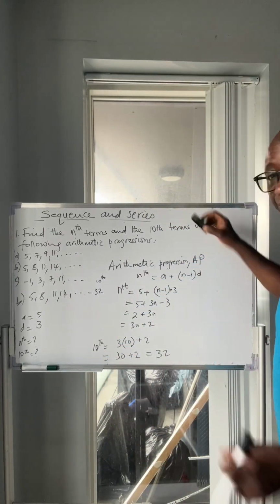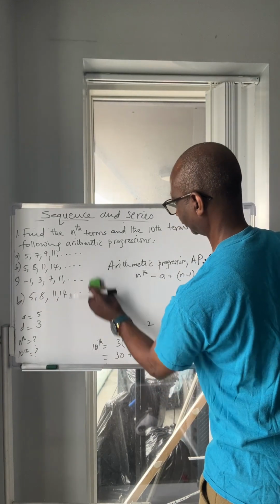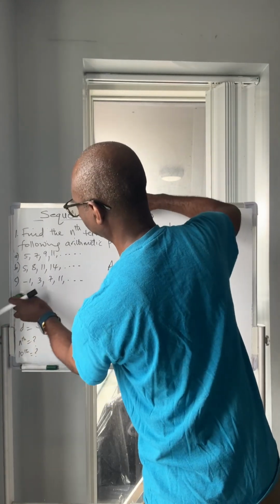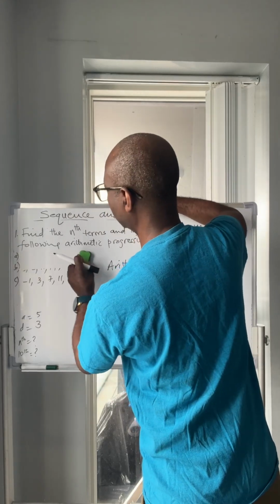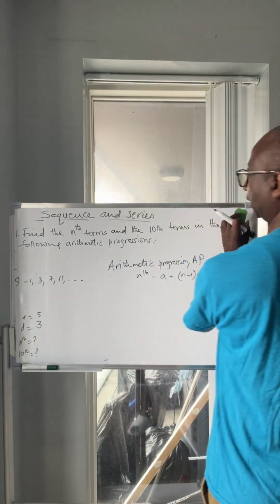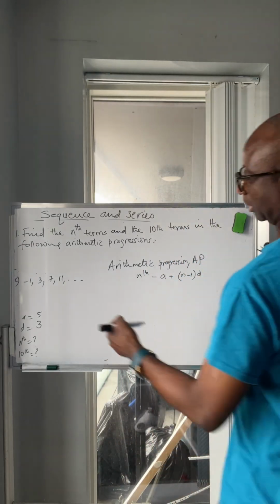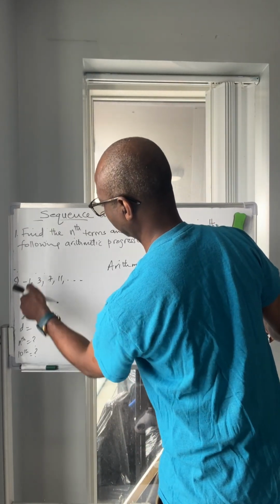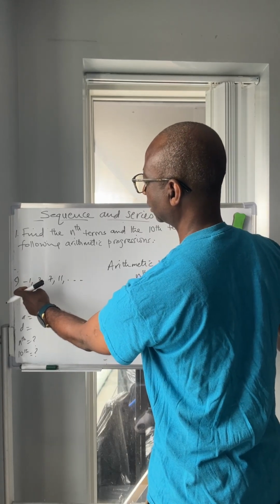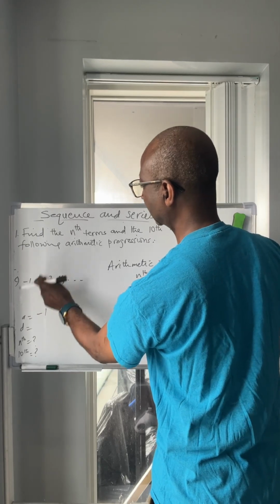So now let's move on to the last problem, which is C. For C, the first term is minus 1. And what is the difference from minus 1 to 3, and 3 to 7, and 7 to 11?